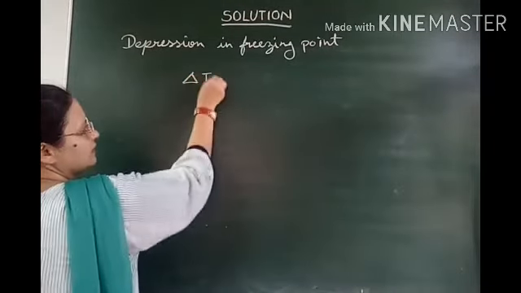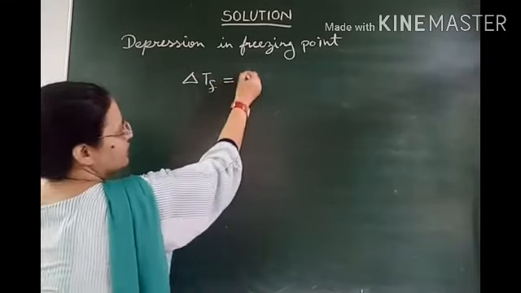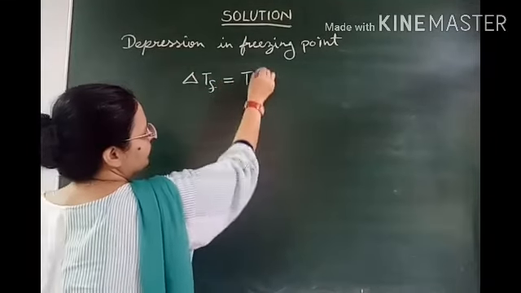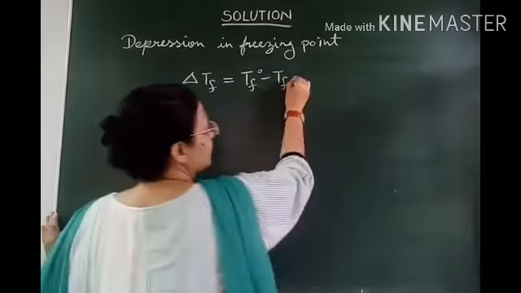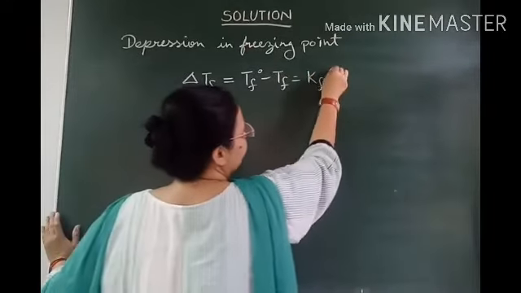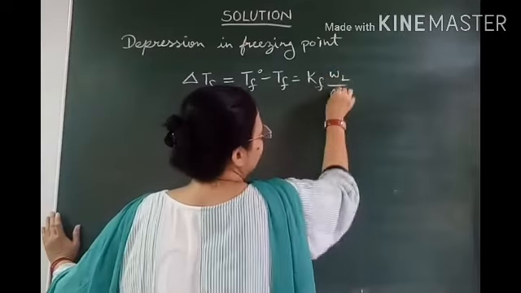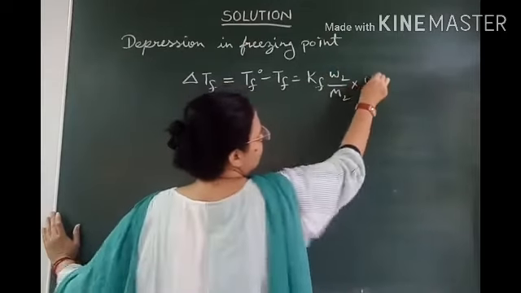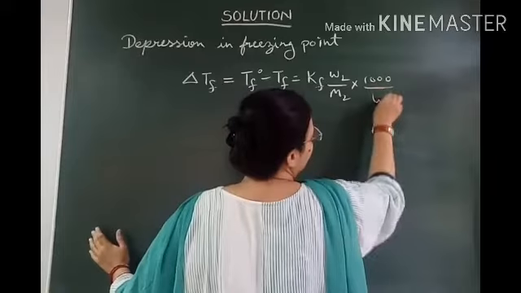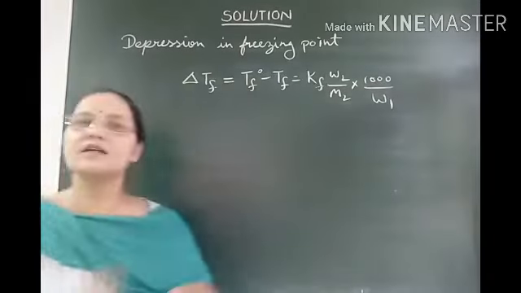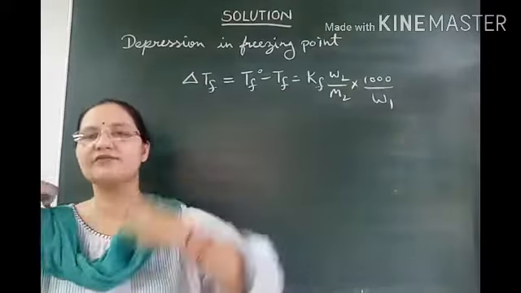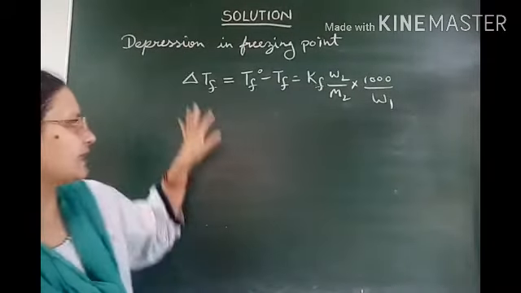So delta Tf, which is equal to Tf naught minus Tf, is equal to Kf W2 upon M2 into 1000 upon W1. This is our formula to calculate the depression in freezing point.